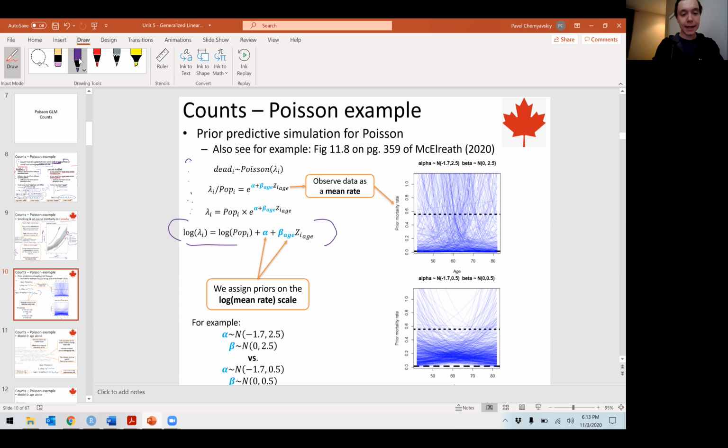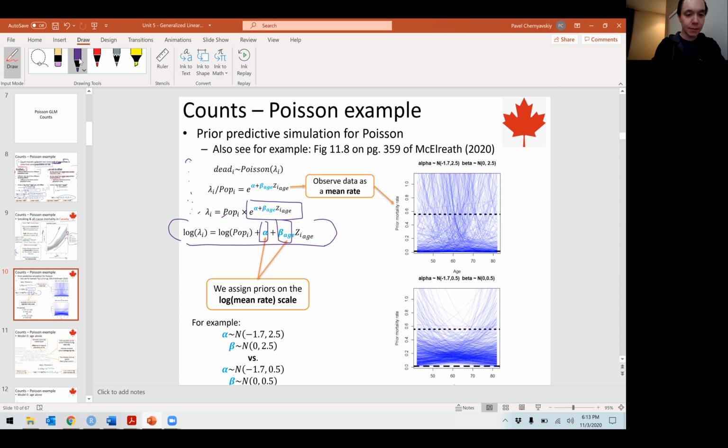But I like to start here because this is where we set our priors. We set our priors on each individual parameter, so it's useful to start at the scale at which we set them. We take e to the power of both sides, right? The log disappears, and we now have this e to the power of situation right there.